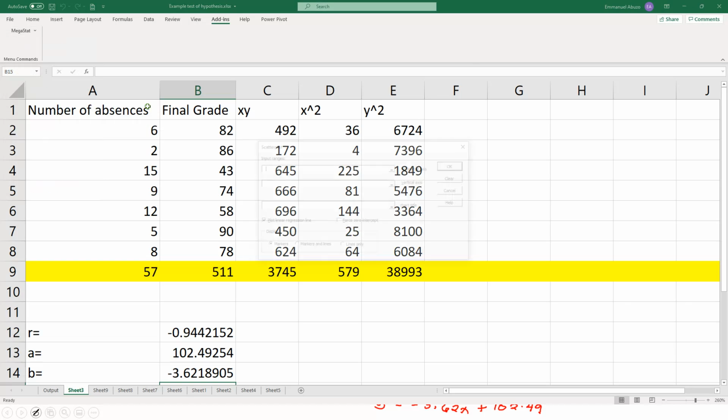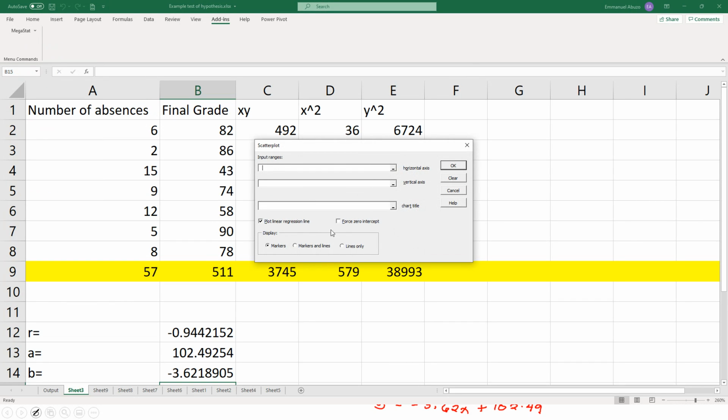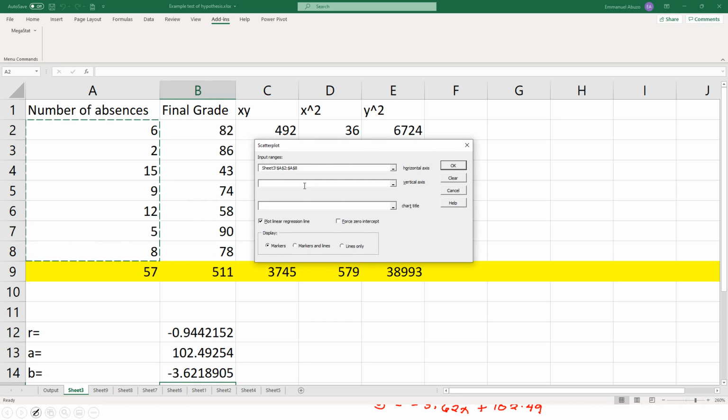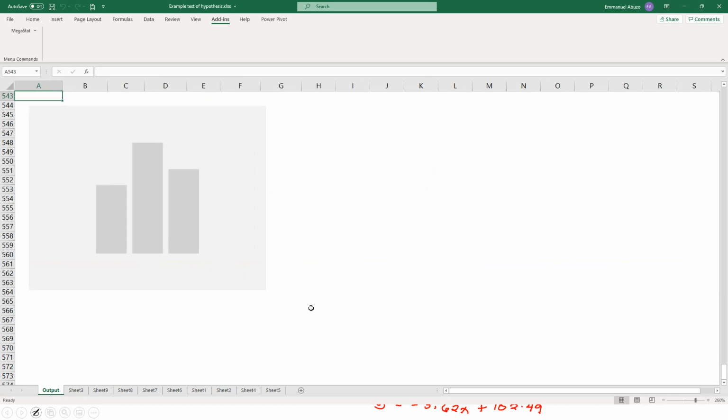For our horizontal, it would be the number of absences, and our vertical would be the y, which is the final grade. Okay, so we could have this one. Now let's try to see. Okay, so we have this one.